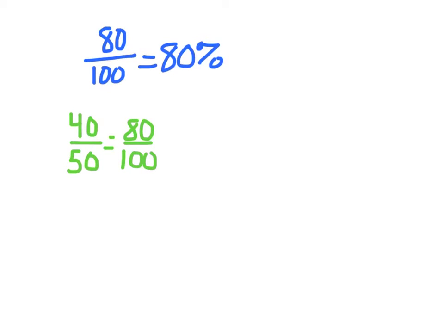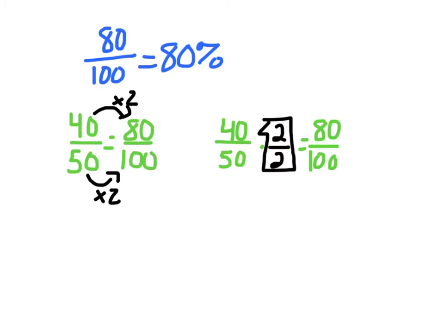We know this is the case because we could use a factor of 1. If we do times 2 to get from 50 to 100, we can also do times 2 to get from 40 to 80. I've written it out as a giant 1 because 2 over 2, or any number over itself, is 1, and we know from the multiplicative identity that we can always multiply by 1 and not change our value.